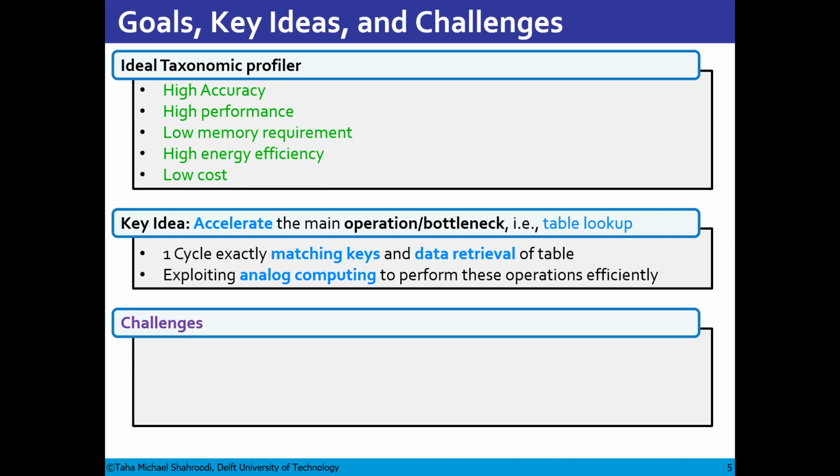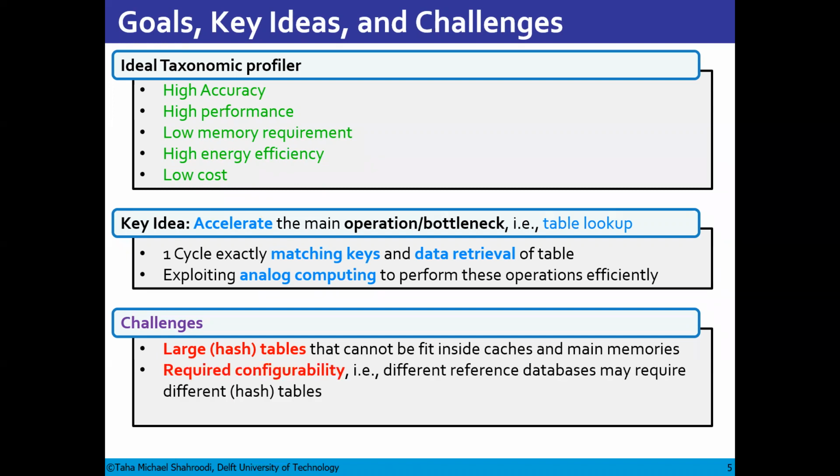However, performing table lookup efficiently in one cycle inside memory can be challenging due to the large hash tables that metagenomic databases work with, which do not fit into the caches at various levels. It is also challenging due to the requirement of supporting different tables for various databases. And finally, such a design is challenging due to the limited hardware resources in memory systems.